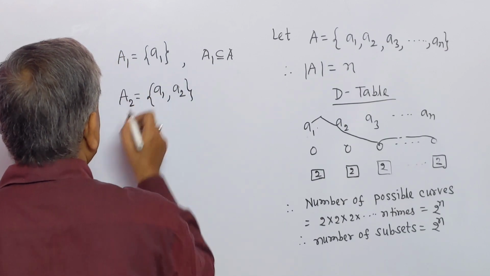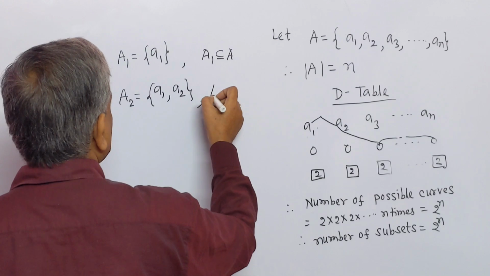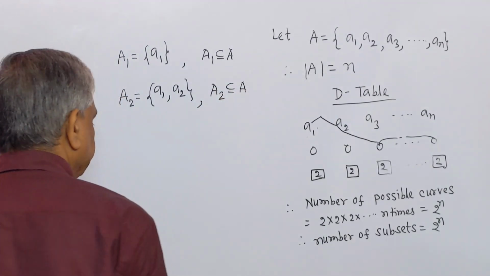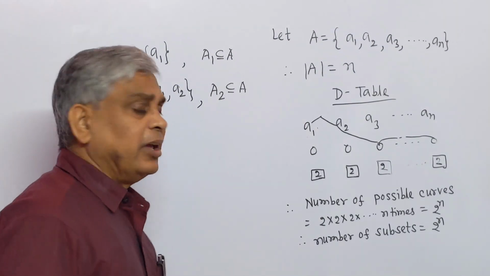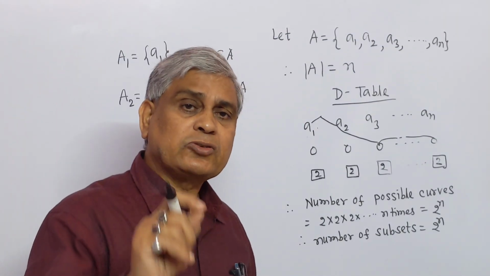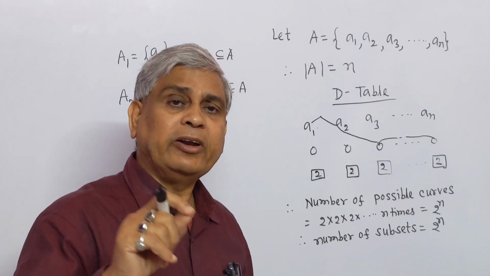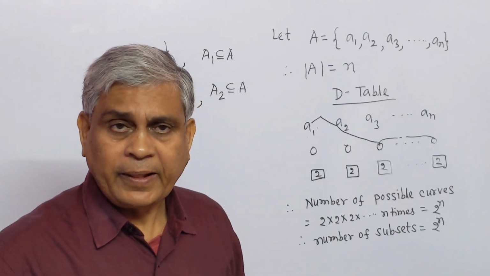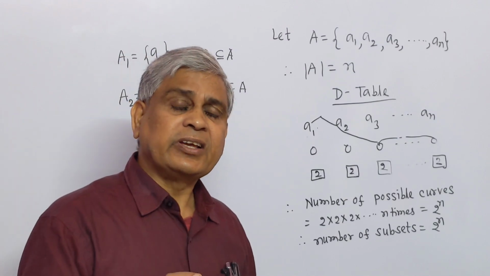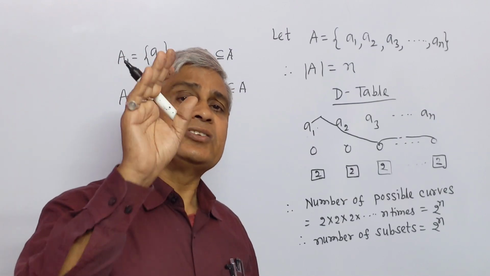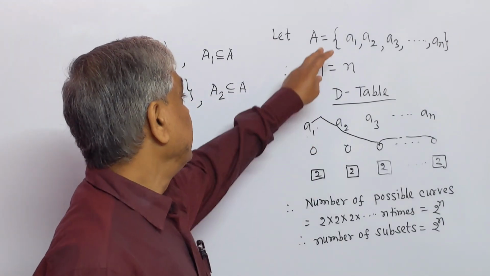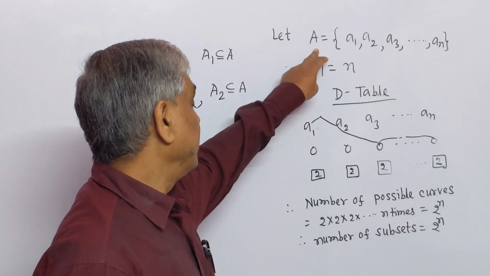This is another set, and this set is a subset of A. And in this way, if we draw a curve which passes through one element of each column, then this curve represents a set. That set will be a subset of the original set A.